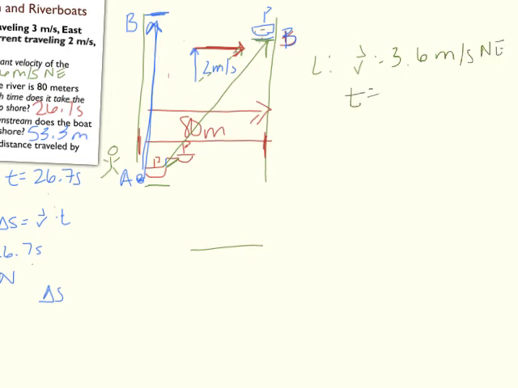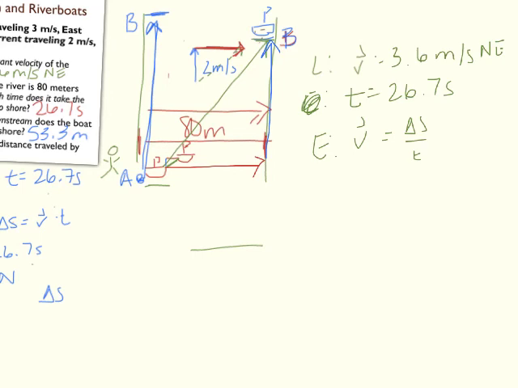Our time is still going to be 26.7 seconds because if you think about this trip, the green arrow of distance is made up of the arrows that we used to figure out the other two. Alright, so all of those arrows take 26.7 seconds. And our equation, v equals change in s over t.